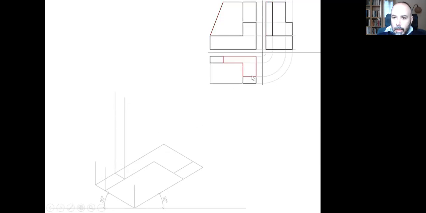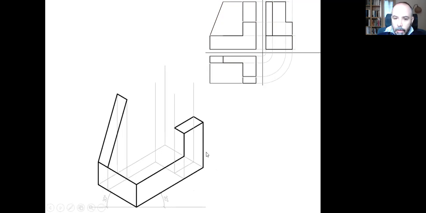And there is this L-shaped surface that's a horizontal plane, as you can understand. I put the heights for that surface. This is the last one. That lower surface, its height, I can take it from the frontal view and put it here.